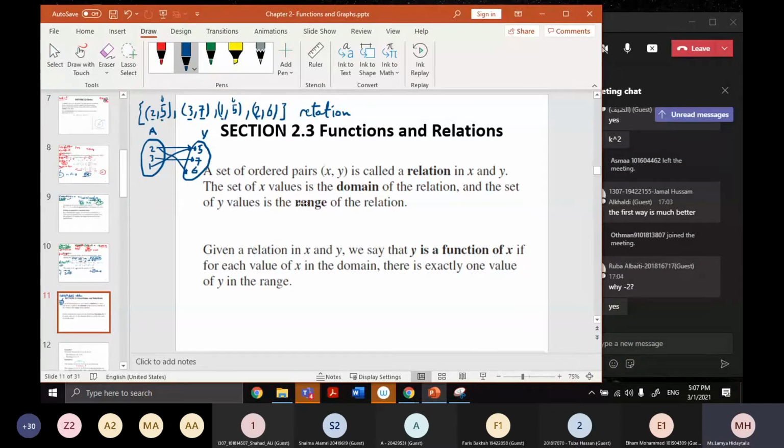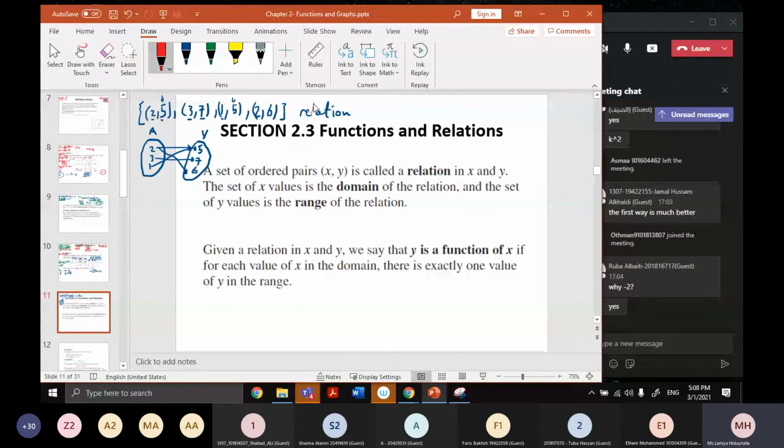Okay, so there is a relation between the x values and y values, and we can represent them like that or by this. And sometimes there may be an equation that represents this relation. Okay. So in a general case, this is what we call the relation. Or this kind of sets, okay, we call it a relation.